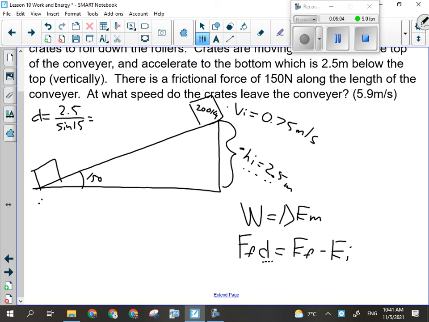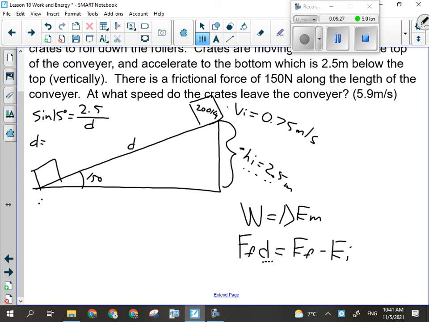Okay, sorry, I skipped a step. Let me start again. I just saw like 3 confused looks as to where I got that, so I'll start again. The sine of 15 degrees equals the opposite side, which is 2.5, divided by the hypotenuse, which is D. Okay, so when I'm solving for D, I'm just cross-multiplying these two numbers, right?